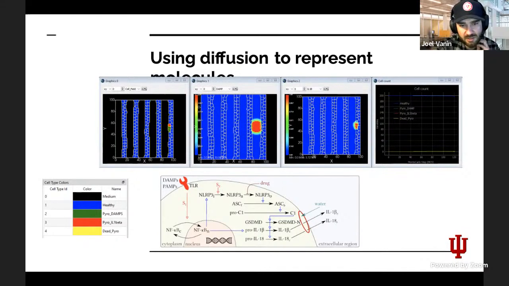Can you click it again? Yeah, there's an animation there. This is representing the DAMPs and PAMPs. And the other one is representing the liberation of IL-1 beta. So let me get the share. Let me show you guys in action.